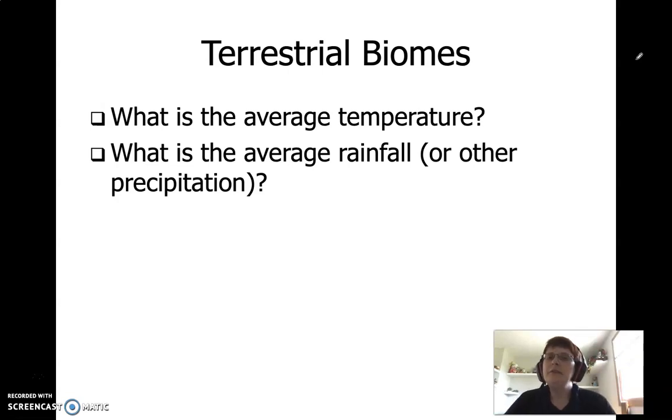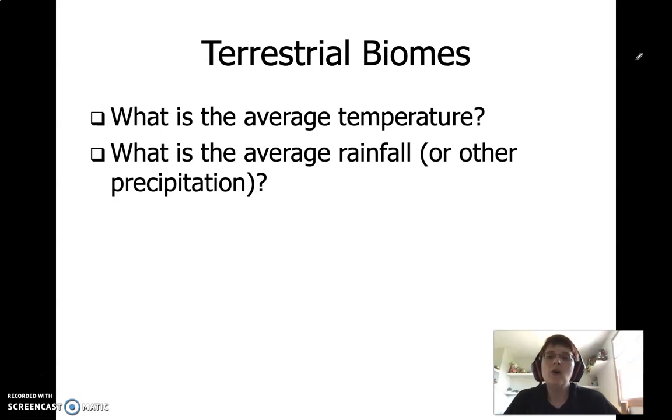Well, you've lived in Ohio for some amount of time, so you know that rain is not the only way that you get water falling on the ground. So we also look at things like snow and hail to determine precipitation because those other forms will actually melt. And in some biomes, actually the precipitation is fog, so it's not normal rainfall.